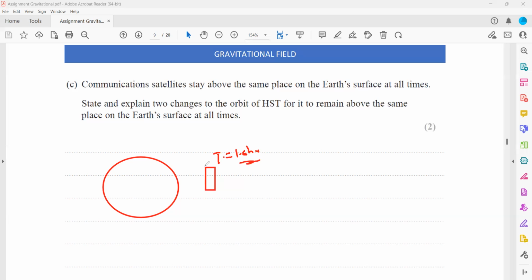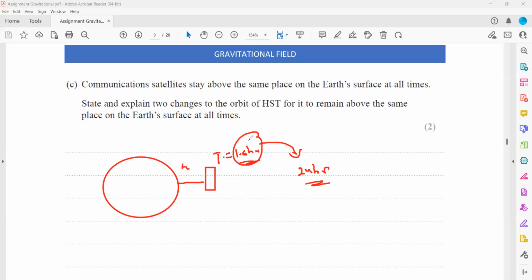So first thing, if we want to keep its speed the same, we should increase the orbital distance. Here it is at a height of 569 kilometers. If we want to make it geostationary, which means it does not change its position with reference to the Earth, we want to increase its orbital time period to 24 hours.